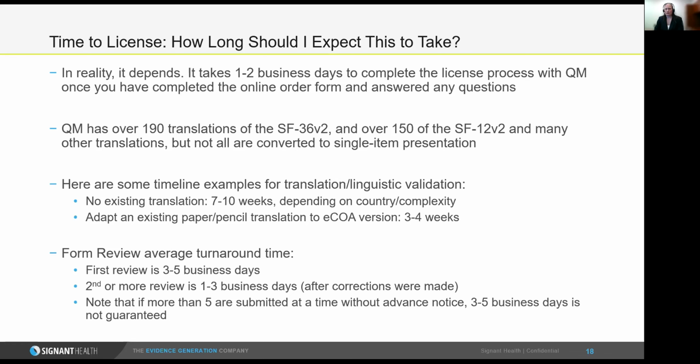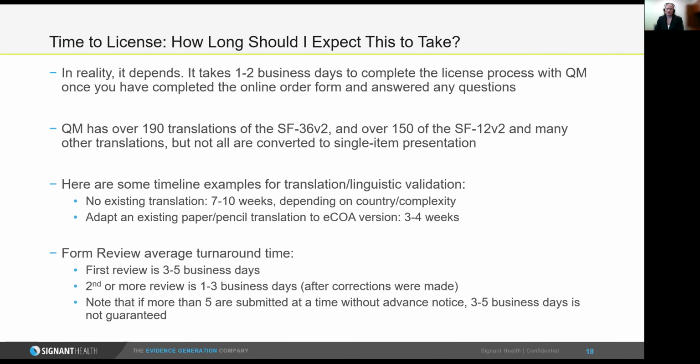We have more than 190 translations of the SF-36 V2 and over 150 of the SF-12 and many other translations. Not all of these are fully converted to our tablet and handheld versions. And there is a difference. The SF-36, as you know, has been around a very long time.